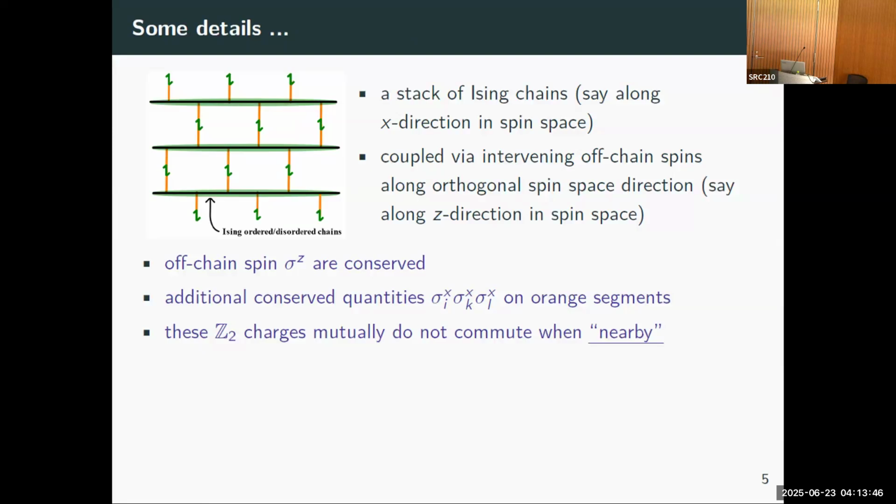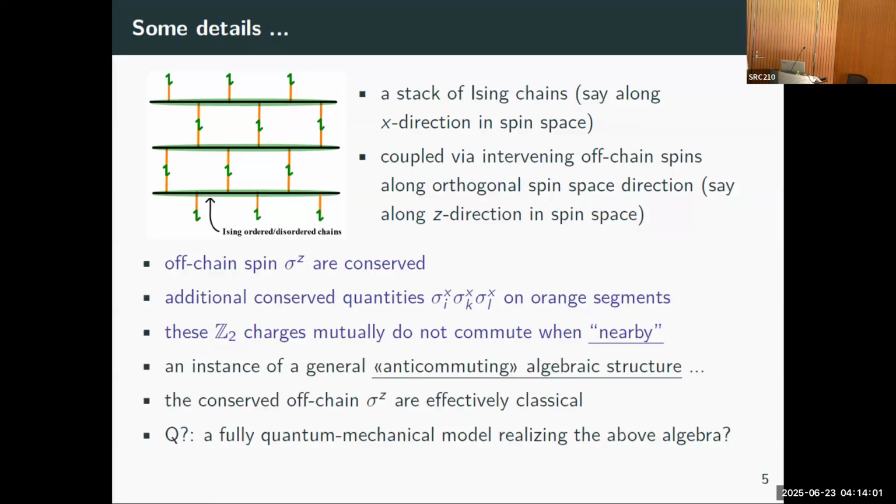But you can also see that these two Z2 conserved quantities actually do not commute when they share a site. When they are nearby in some sense, they do not commute. And so this is an instance of an anti-commuting algebra. You have some conserved quantities which commute when they are far away, but if they happen to share an odd number of sites, let's say in this construction a single site, they anti-commute.